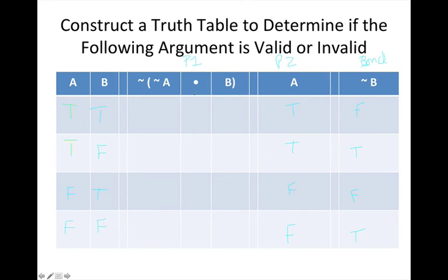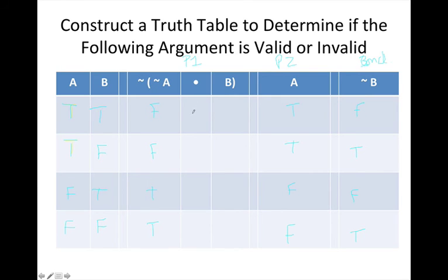Now, this argument is almost the same as the previous one, except now we have a tilde in front of A. So we have to calculate tilde A before we can calculate tilde dot B. So we're going to say false, false, true, true, because the negation of the original values yields FFTT.